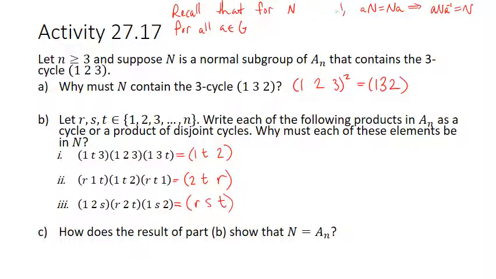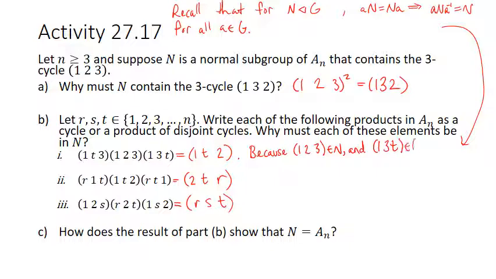Okay, maybe I should say it like this, that when N is a normal subgroup of G. Okay, so that means that because (1 2 3) is in the subgroup, and (1 3 t) is in the group, or maybe I should say AN, and (1 t 3) is actually the inverse of (1 3 t).